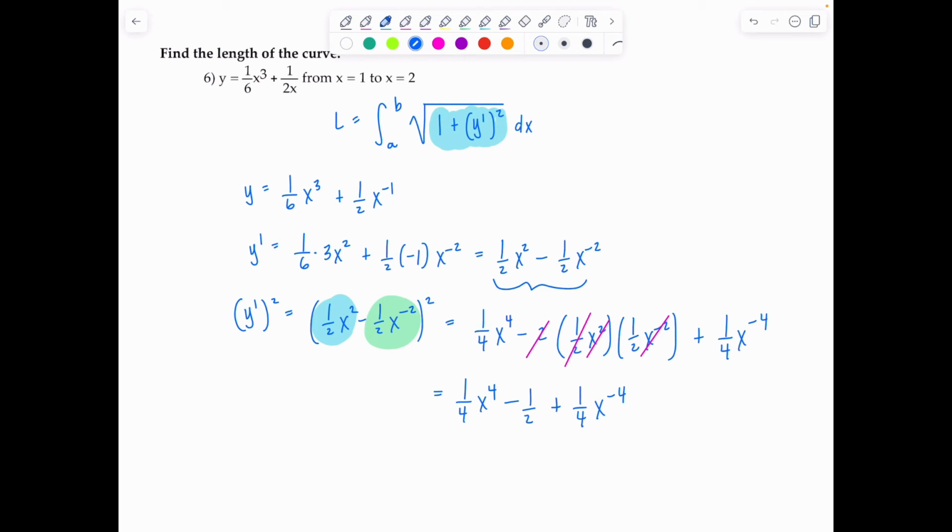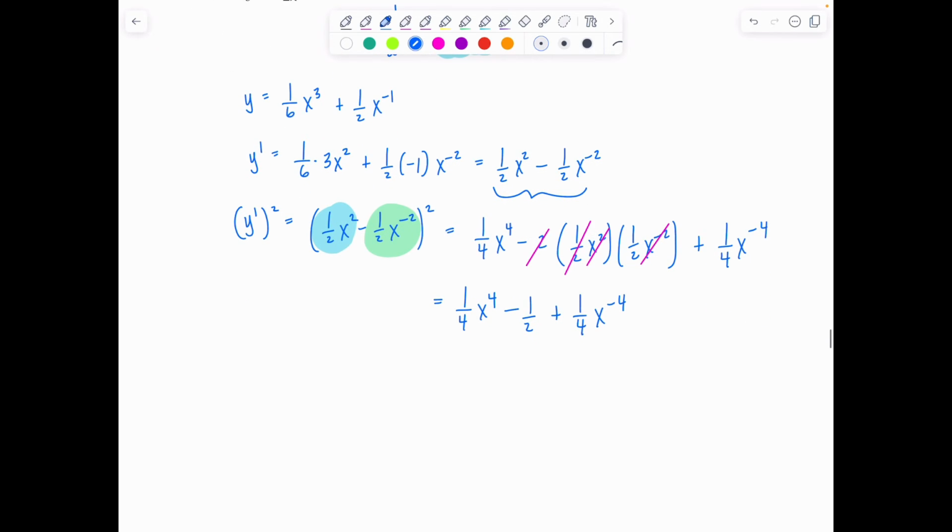And then one more thing I still need to do is add 1. So 1 plus y prime squared is 1 plus 1/4 x to the 4th, minus 1/2 plus 1/4 x to the negative 4th. I can combine 1 and -1/2, and I get positive 1/2. Very good.